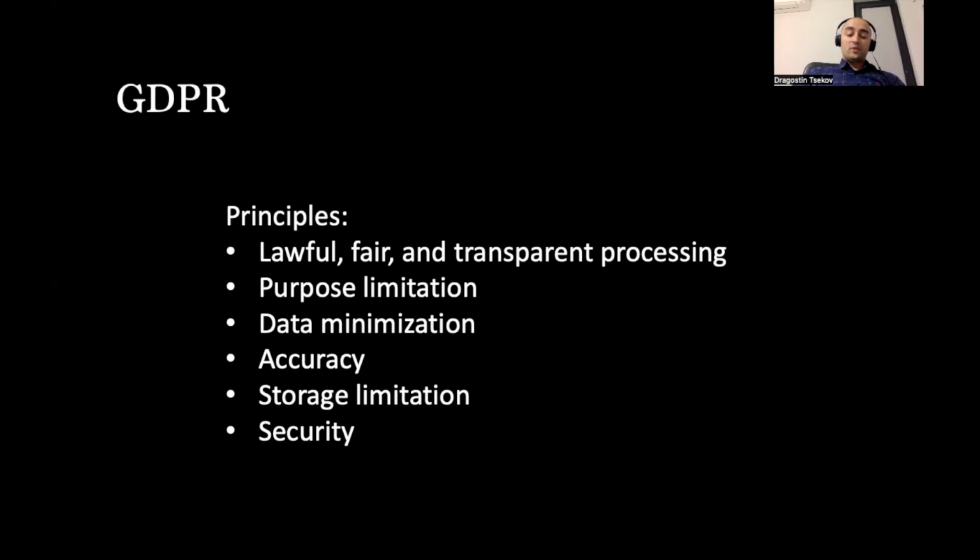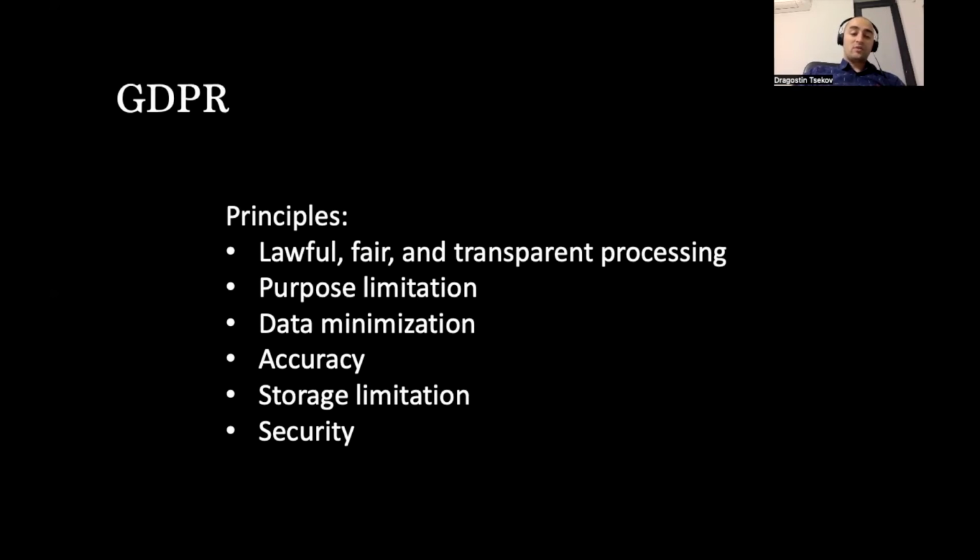What does this mean? This pretty much means that the processing of data should only happen for the purpose which was communicated to the data subject initially, which is pretty much self-explanatory, even by the name of the principle.